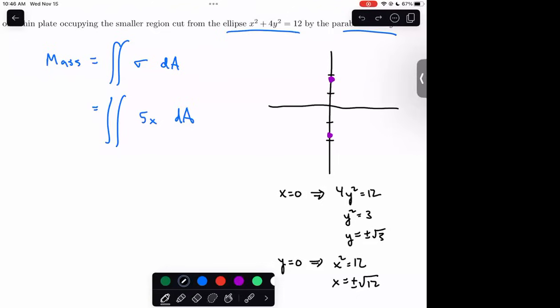And I know that root 12 is somewhere between root 9 and root 16, right? But of course, your calculators will give you an excellent result for that. So I know that this is somewhere between 3 and 4. And so a decent picture for my ellipse looks something like this.